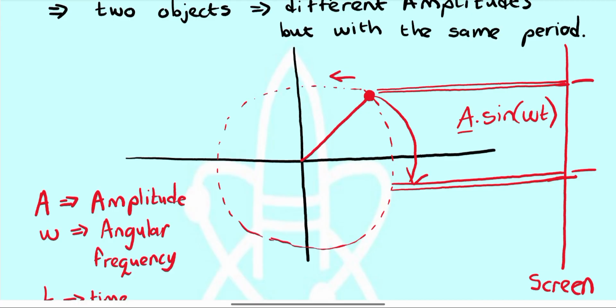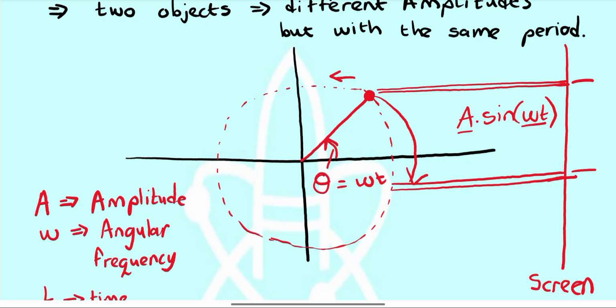Okay, and then you know that there is an angle, which you can call theta or phi. This angle here is represented by omega t.